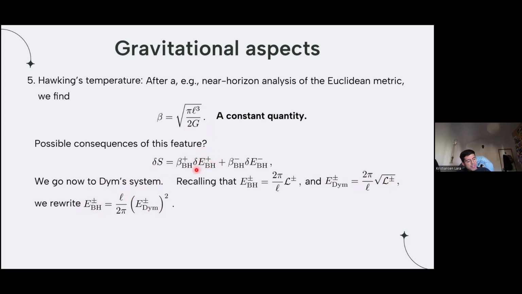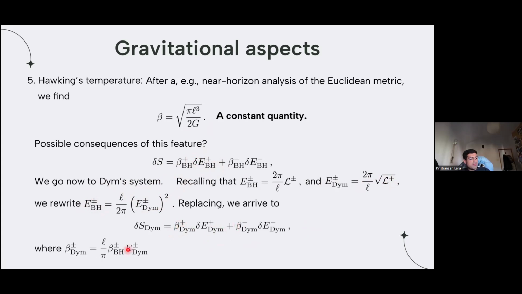So if you replace it here by taking direct derivatives, then you will be able to find this expression that you can see here. And now, if you recognize beta plus DIM and beta minus DIM like this, you will be able to find this, which is in agreement with this expression that you can see here.